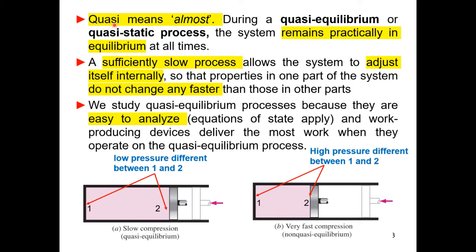So when you have a quasi-equilibrium, meaning it's almost equilibrium, you can always assume that it is in an equilibrium state already, even though there is slow movement. A sufficiently slow process allows the system to adjust itself internally, so the properties in one part of the system do not change any faster.